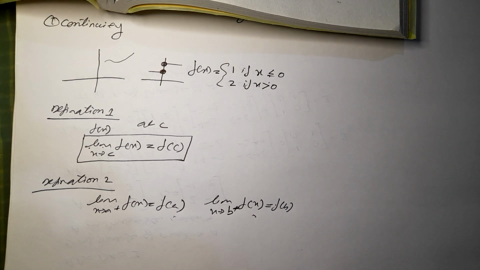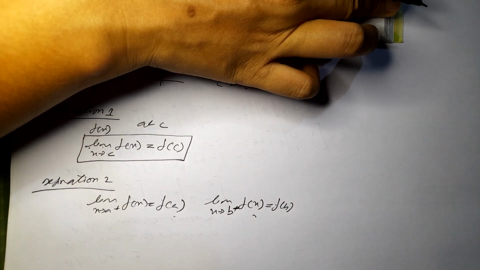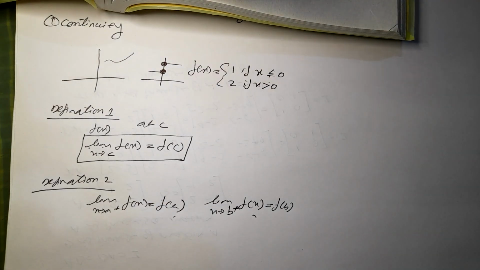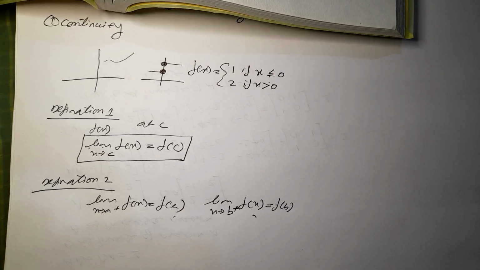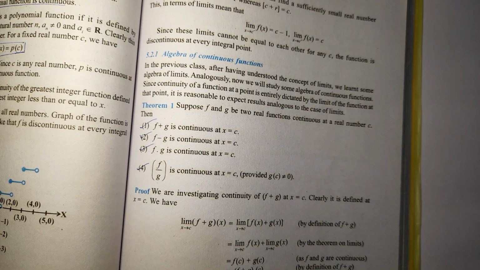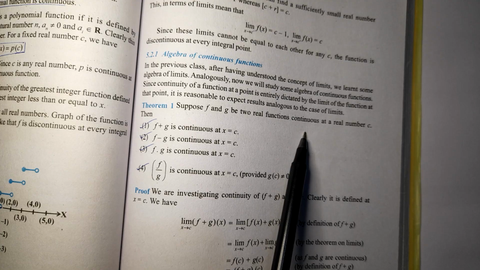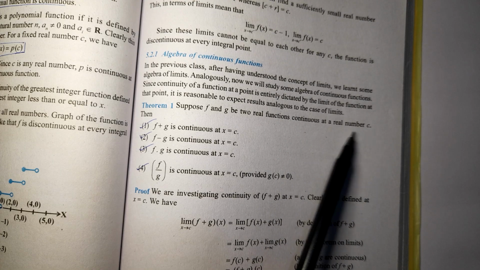And we have the algebra of continuous functions. Suppose f and g are two functions continuous at a real number c.